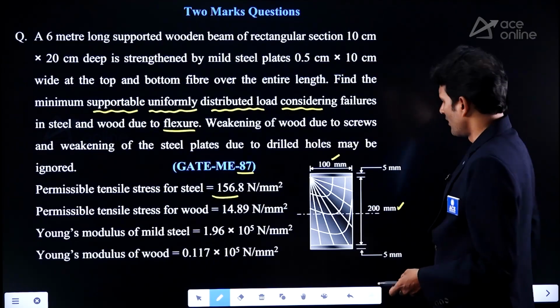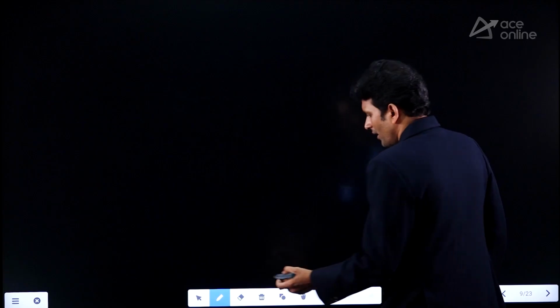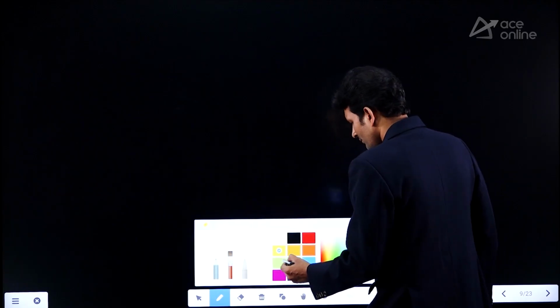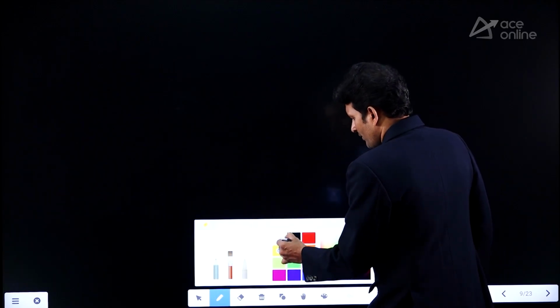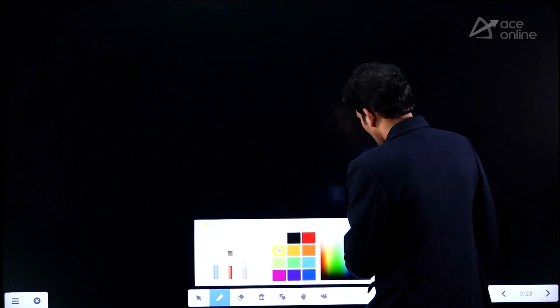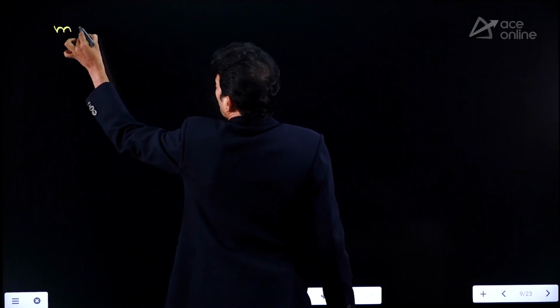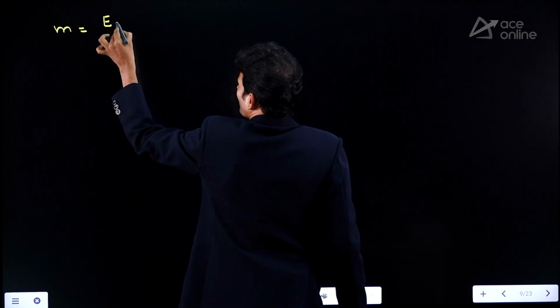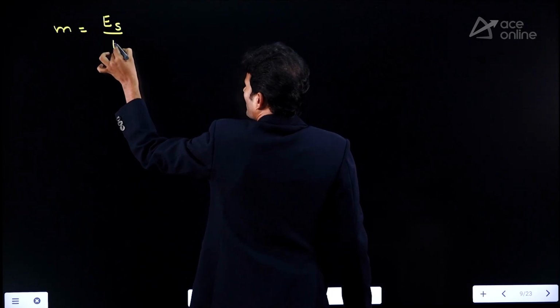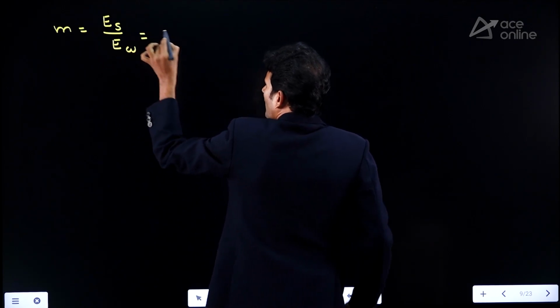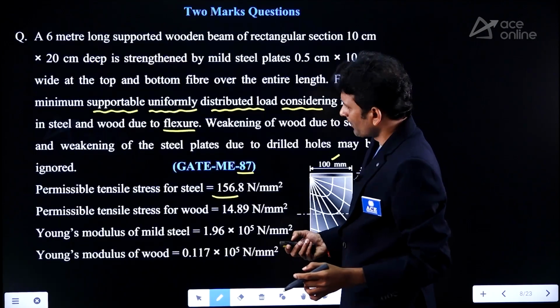Now, let me take this one. First of all, see what is a modular ratio. First, I try to find out the modular ratio m. How can you take this? This is Es divided by Ew. How much Es is given?